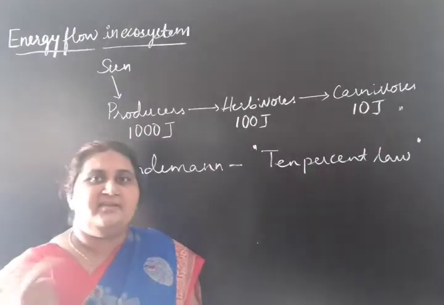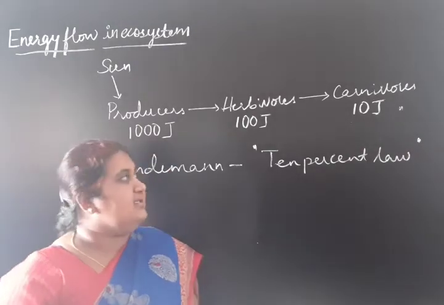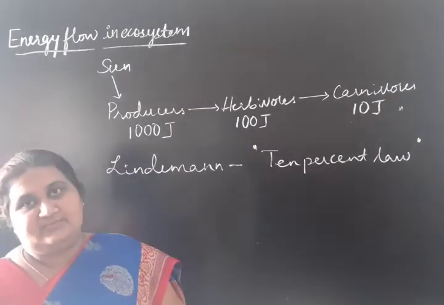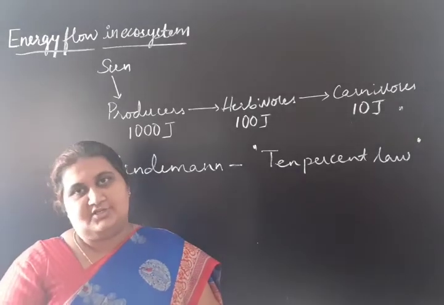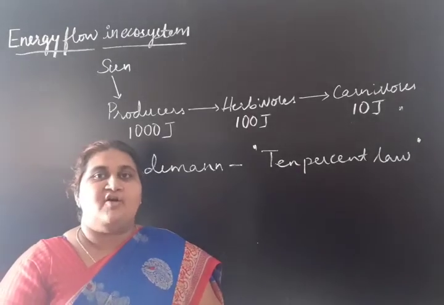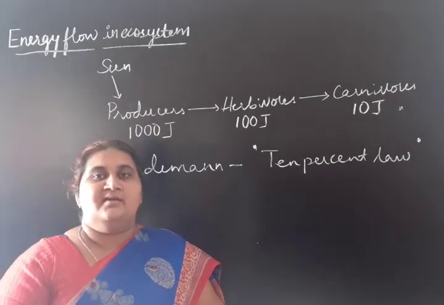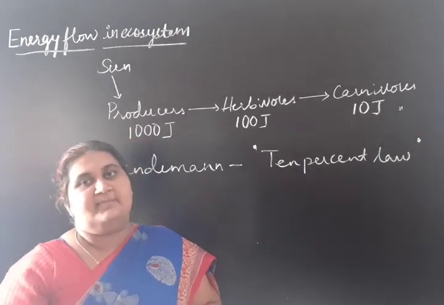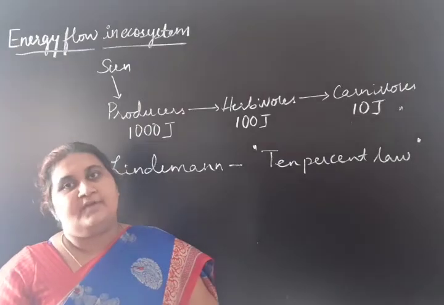What is that energy lost? Energy will be utilized by the organisms for their various activities, or we can take respiration loss. During the transfer of food and energy, 10% of energy is transferred and 90% of energy is lost in the form of heat.